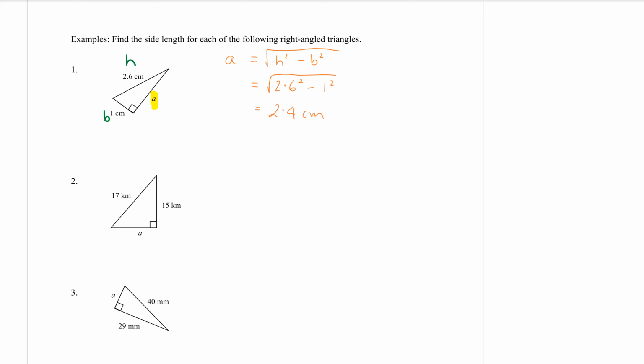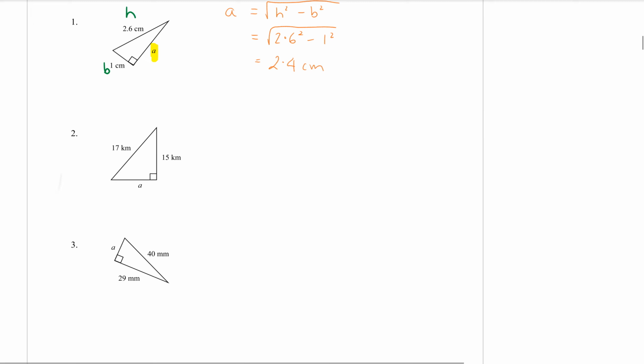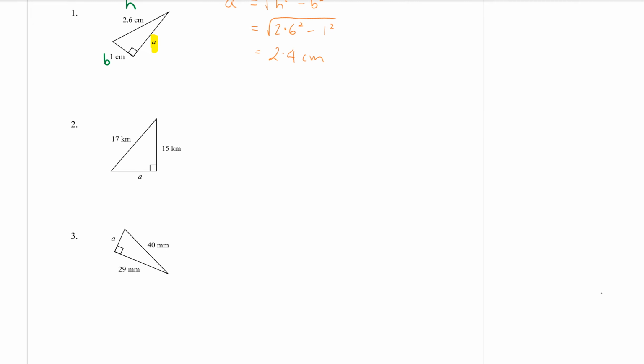So let's try it again for question 2. The h will be the 17, that's the longest side, it's across from the right angle. The a is labelled for me, so this side here will be the b. Write the formula down. A equals big square root sign, h squared minus b squared.